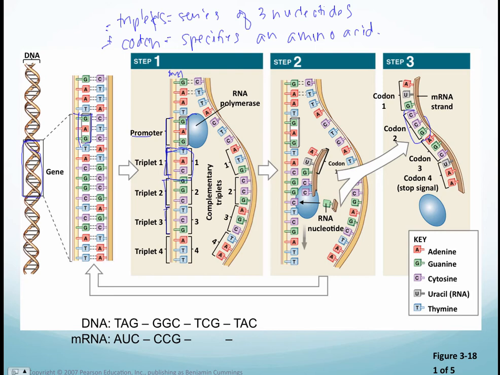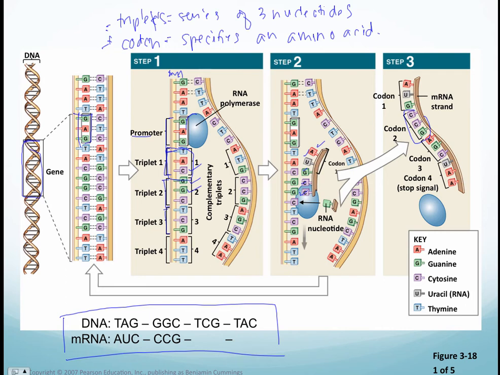T is going to be with an A, so good, we see the A. A will be with U, C will be with G, G will be with C, and then G will be with C again. We're going to continue until we're done with this gene. What you can do right now is take a moment, pause the video, and then we'll go over what your answers would be.